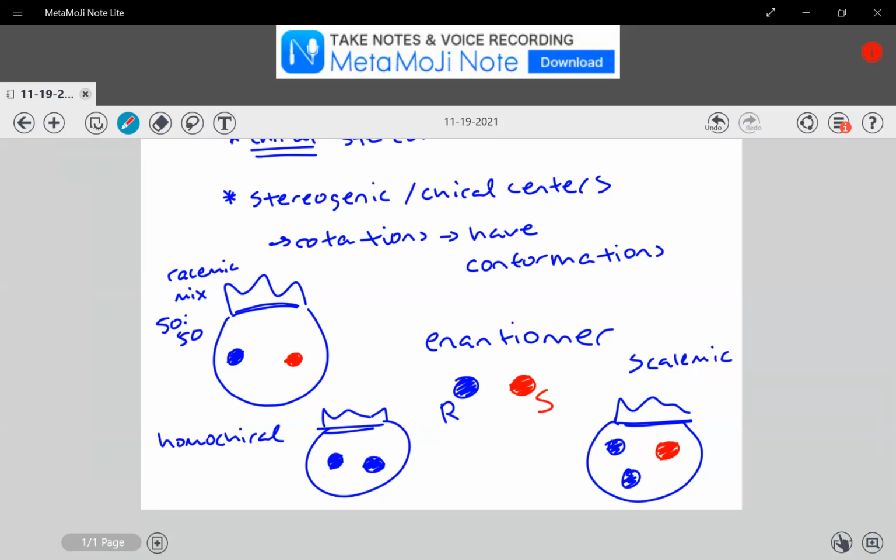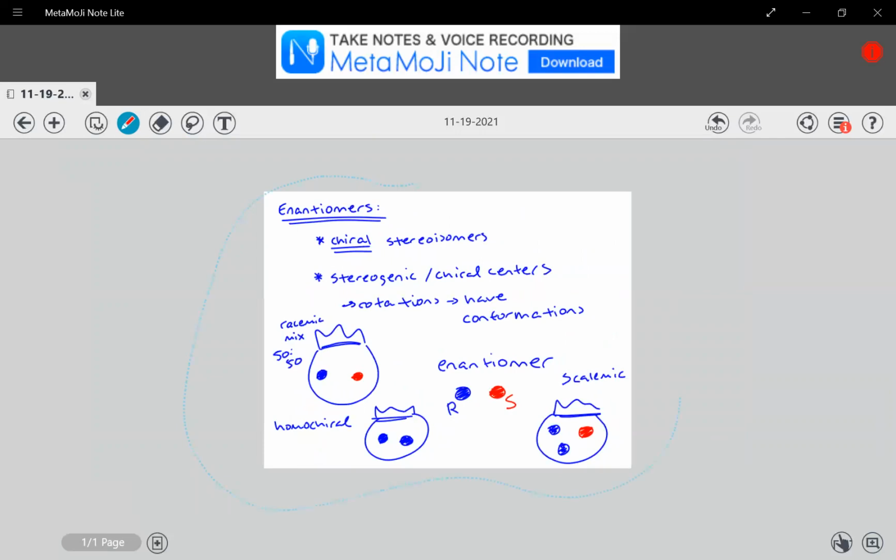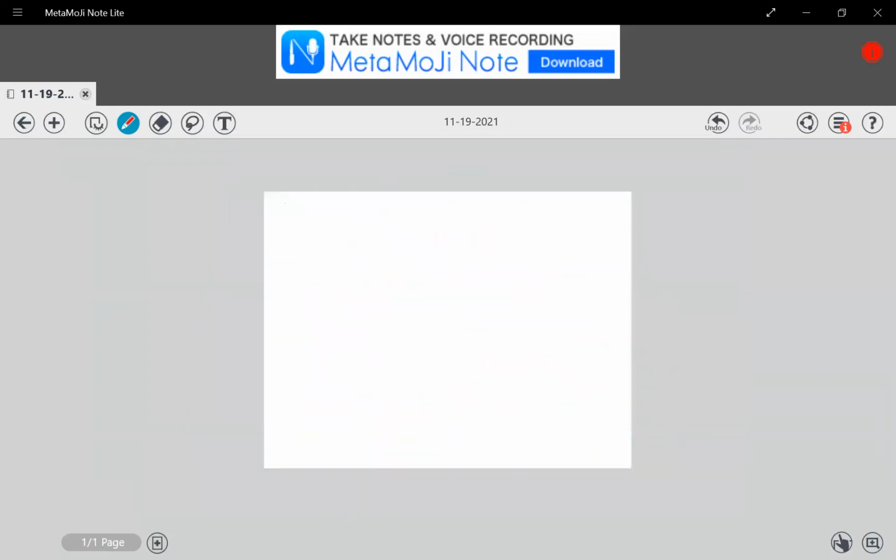So maybe your solution says it is pure and we only have the R flavor of enantiomer. Then it is pure. Or maybe you get one that says you have 50% S, 50% R flavor, and it's a racemic mix. So on and so forth. Hopefully that makes sense. Now let's move on.